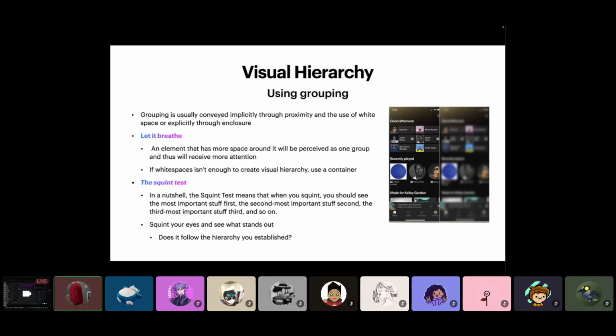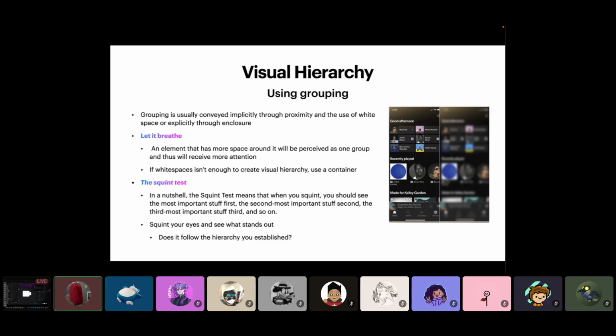And in order to use grouping effectively, you want to make sure that it's not too cluttered and that it needs to breathe, and there needs to be some white space between the groups in order to actually make it differentiable. So one thing you can do to make sure you let it breathe is to use the squint test. This test is basically purposely squinting your eyes and making it out of focus.